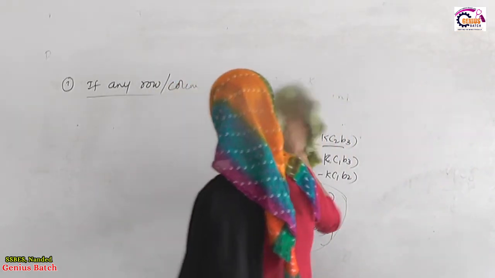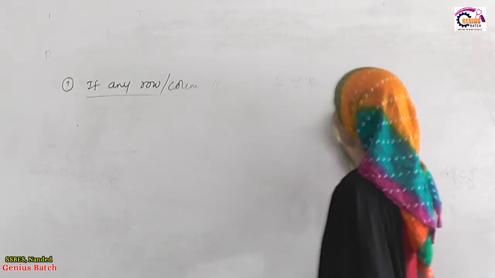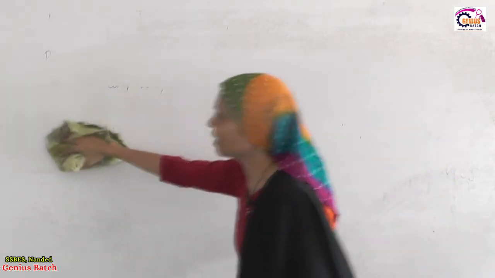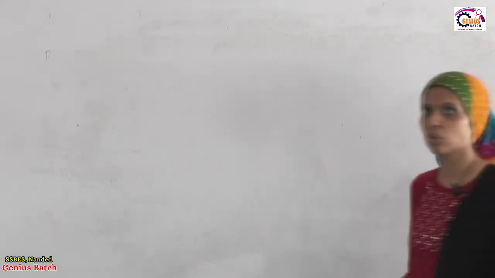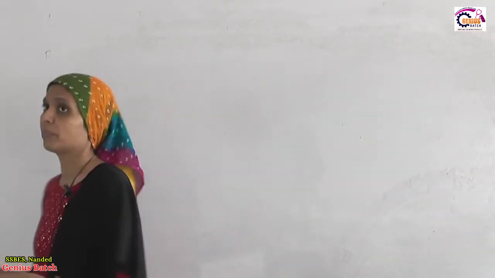This is the next property. If a scalar multiple of one row is added to another row, the value of the determinant does not change. See what I am saying.